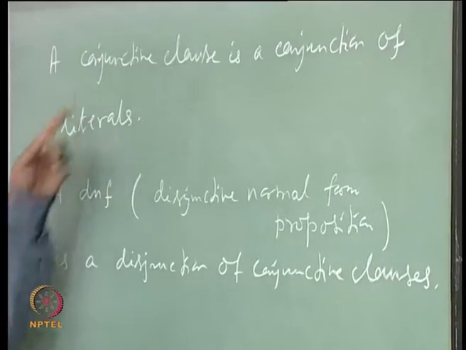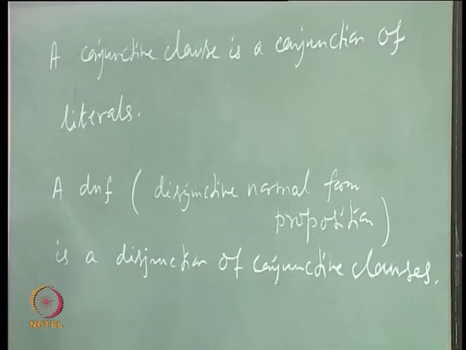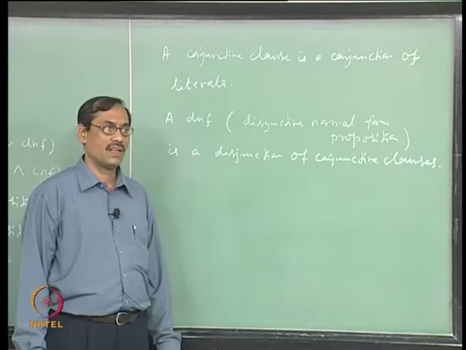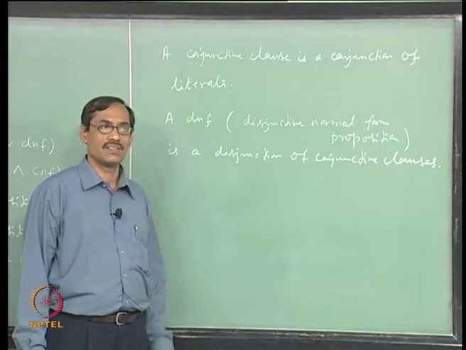So, again with the same convention, if you have a single conjunctive clause, that can also be considered as a DNF, right. The word DNF is used in two ways.